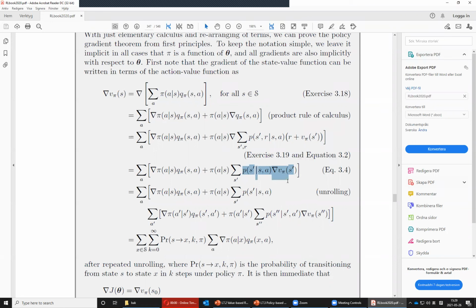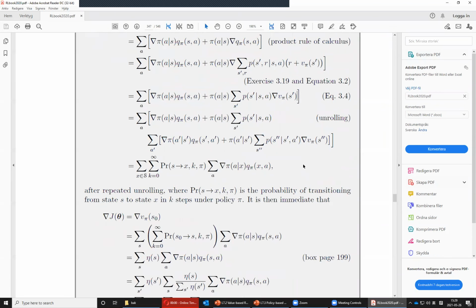And then you unroll this equation because you see derivative v pi on the left, derivative of v pi s prime on the right. So it's a recursive equation. You just substitute the same form into the equation to get this infinite, not infinite, but many unrollings of these terms.